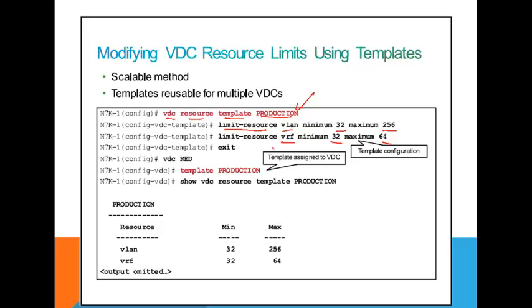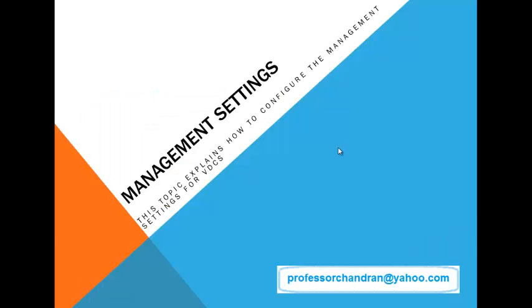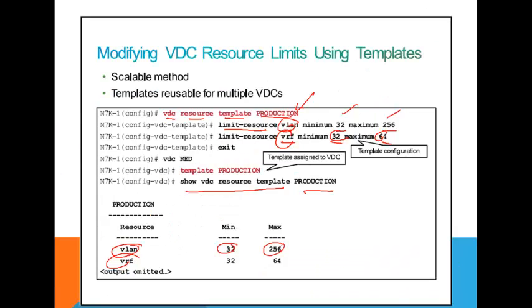After creating templates, we can use the command show vdc resource template production. We can see the VLAN minimum 32, maximum 256, VRF minimum 32, maximum 64. So that is about the resource template.